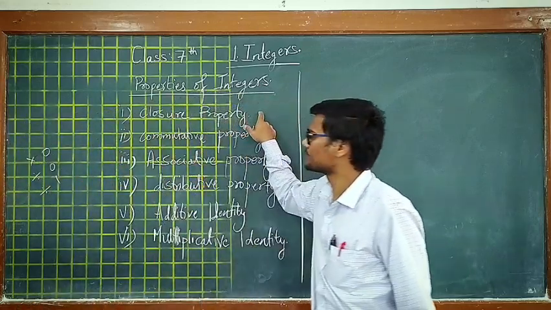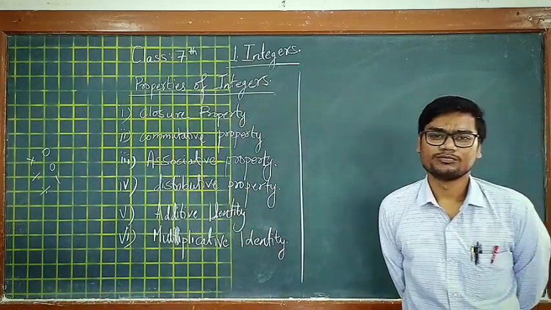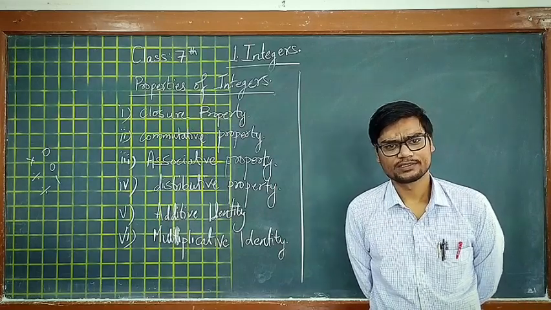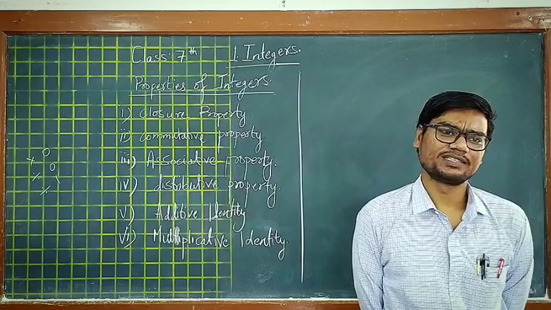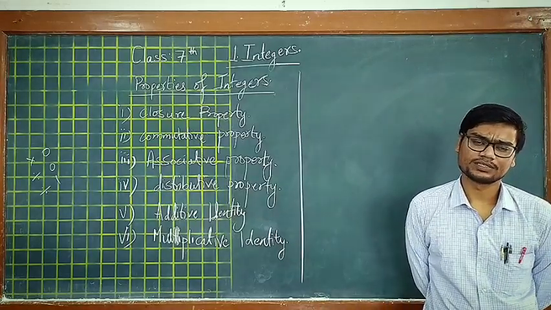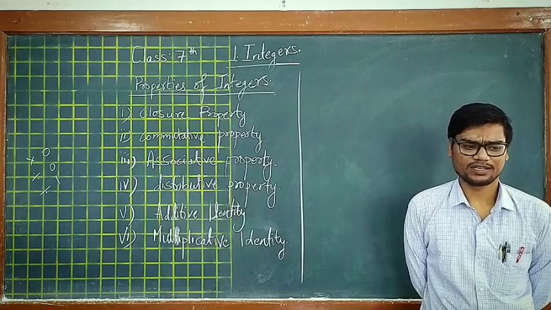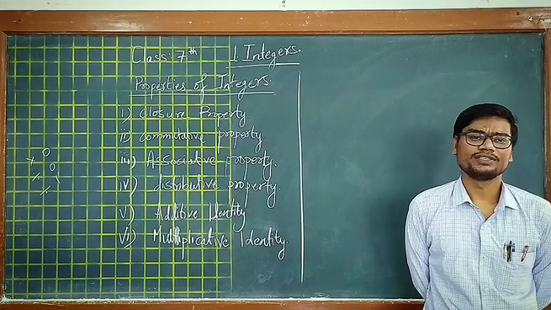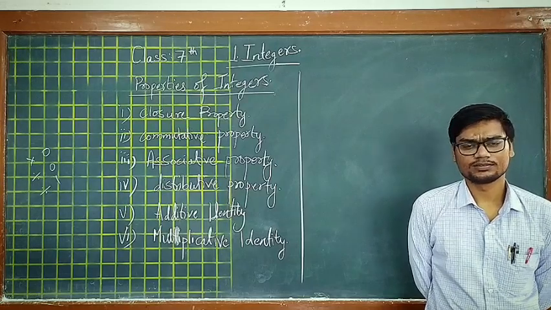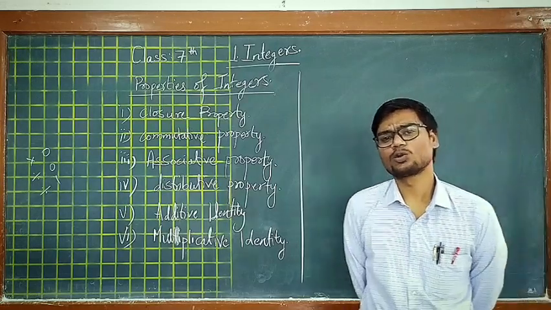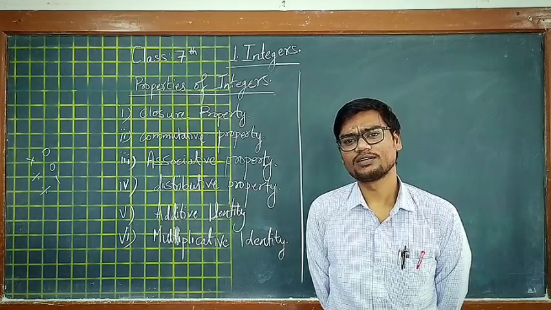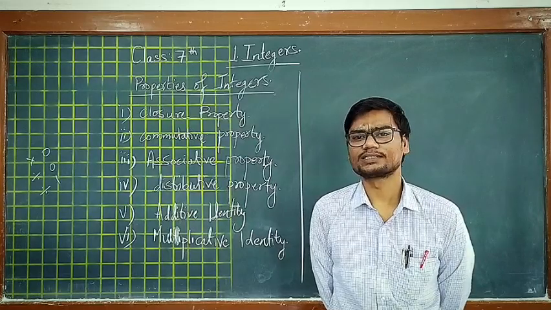The first property is the closure property, which says that when we operate on two integers, if the result is an integer, we say that the operation is closed for integers.